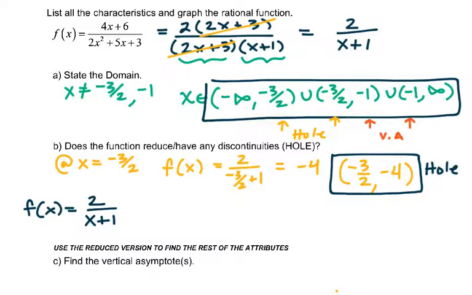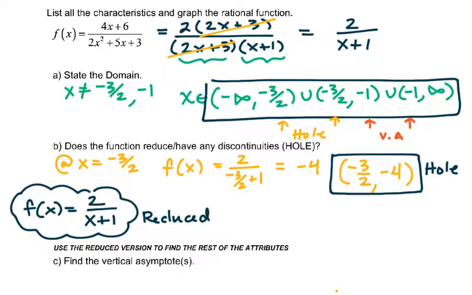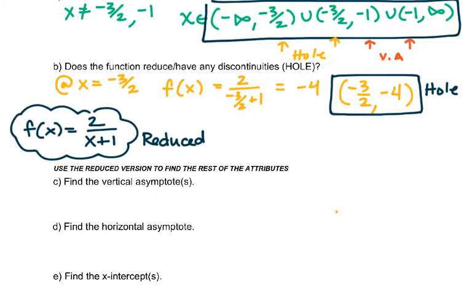So I have my reduced version here, and this is what I use for the rest of my problem. So my vertical asymptote is my other undefined value. -3/2 was my hole, so x equals -1 is my vertical asymptote.